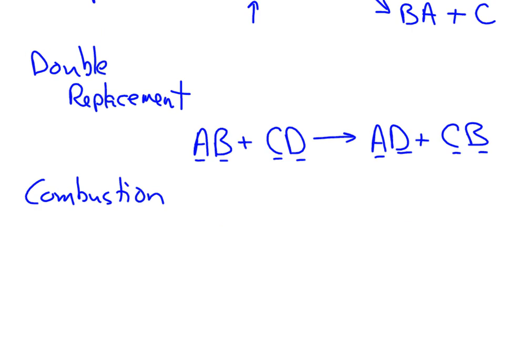Next, we have a combustion reaction. While there are different types of combustion reactions, the majority of the ones that are kind of important to us on a day-to-day basis are the combustion of hydrocarbons. So for instance, if I looked at one of the components of gasoline, carbon and hydrogen, and this would be in a liquid state.